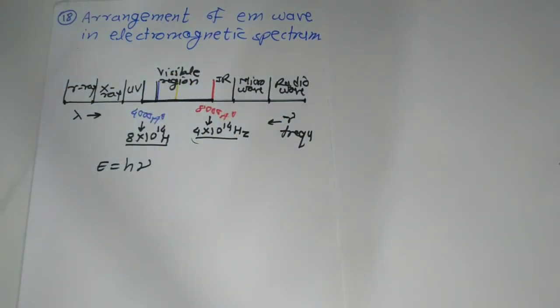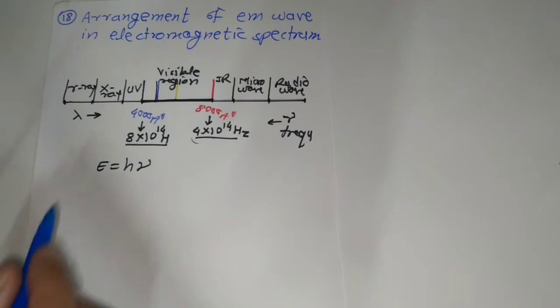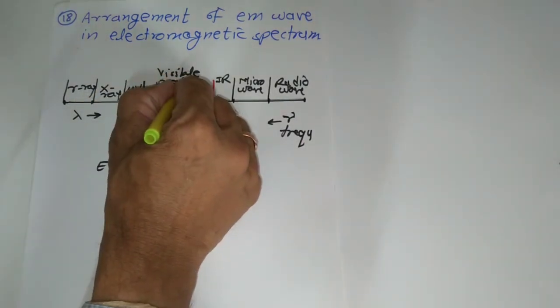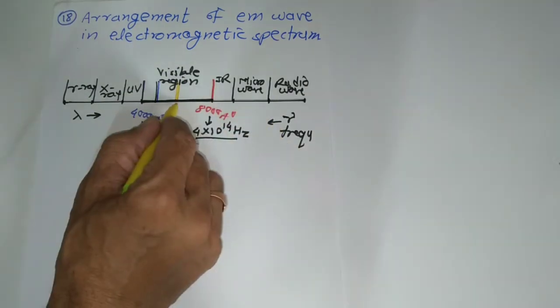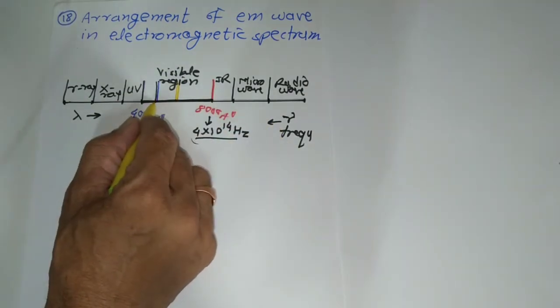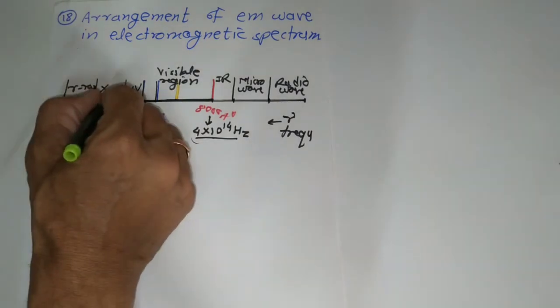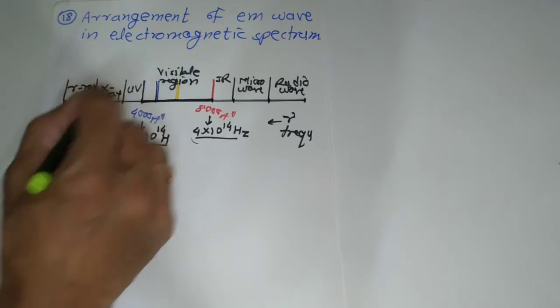Then the next option is yellow light, which is somewhere here. Yellow light has less frequency, while blue has more frequency. Then X-ray has greater frequency still.